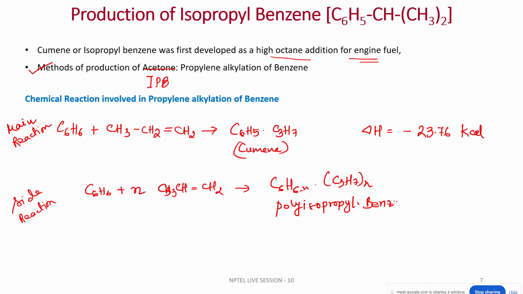So this is nothing but a polymeric reaction occurring as a side reaction. But in the main reaction, our main product is cumene. So now let's move to the process description, how isopropyl benzene is produced from benzene.